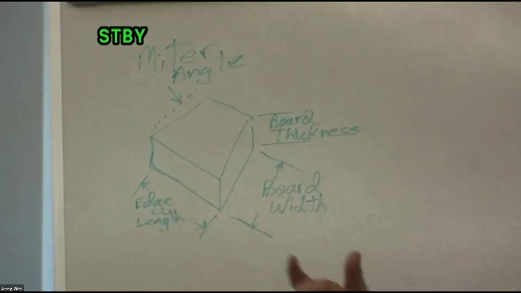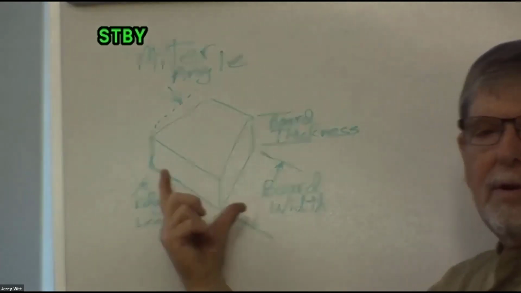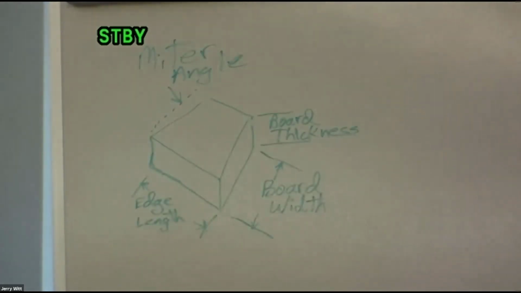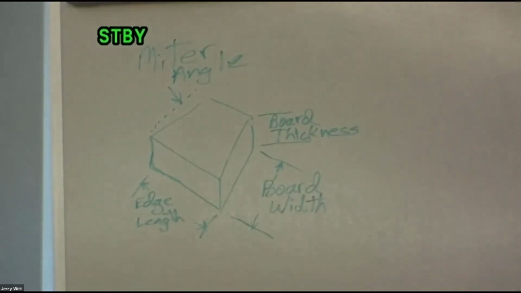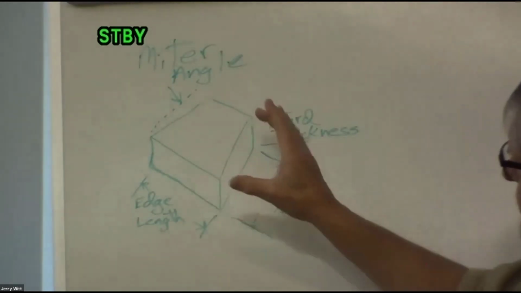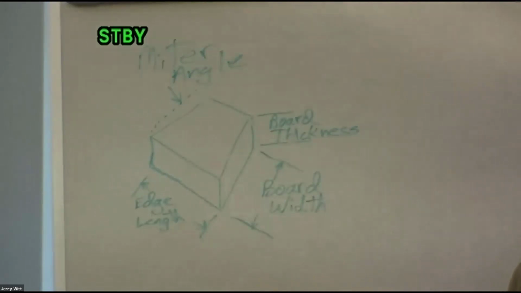The critical dimensions are the edge length, which is printed out on the cutting schedule automatically. You get the board width, which is how wide it is, and that can be altered in your plan depending on how much extra room you want in order to give yourself some room so that you end up with an adequate wall thickness on your piece.